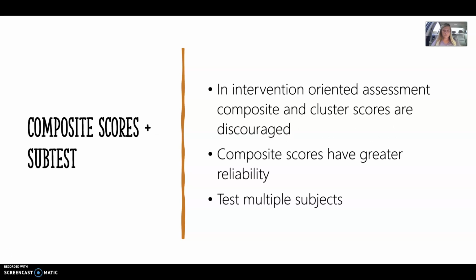Next, we have composite scores and subtests. In intervention-oriented assessment, composite and cluster scores are discouraged. But the next line says composite scores have greater reliability. I believe they have greater reliability because it's giving you a score of multiple skills that they use.